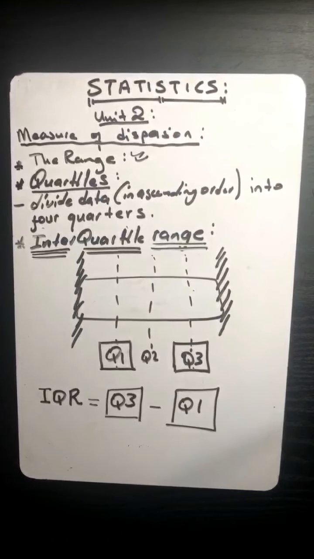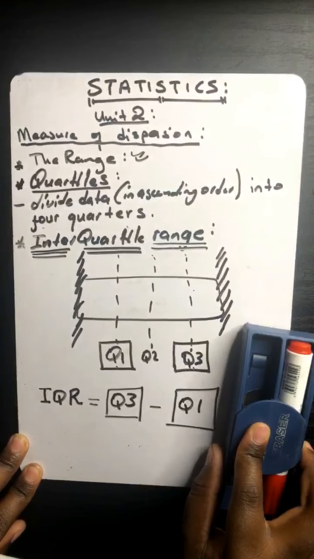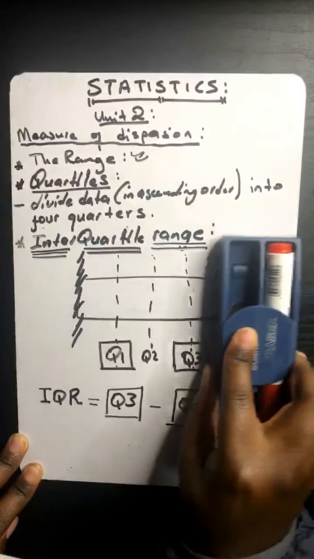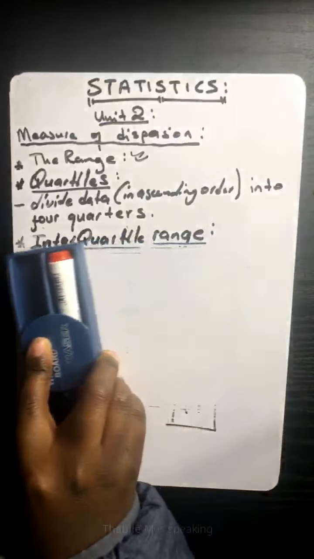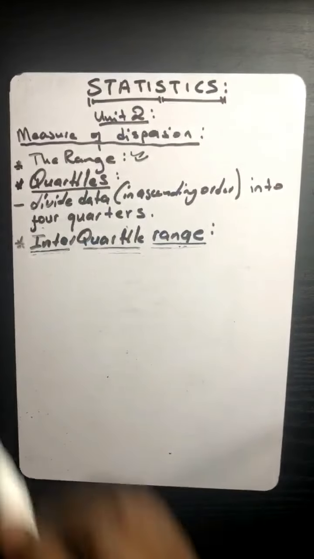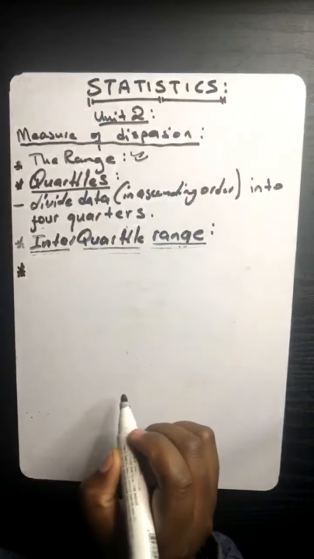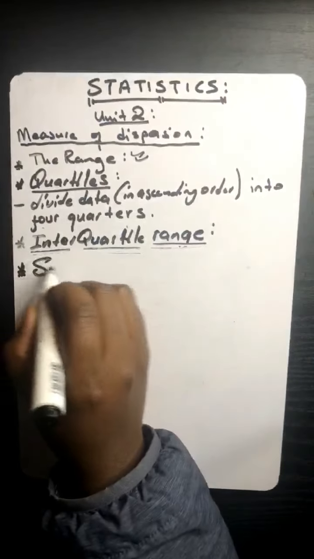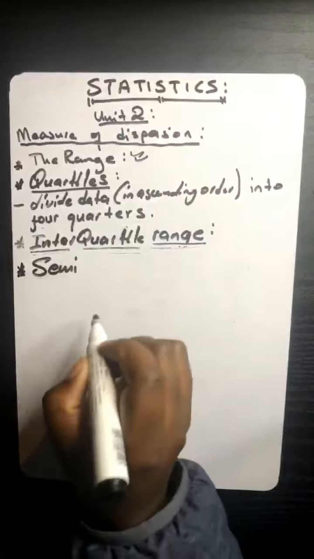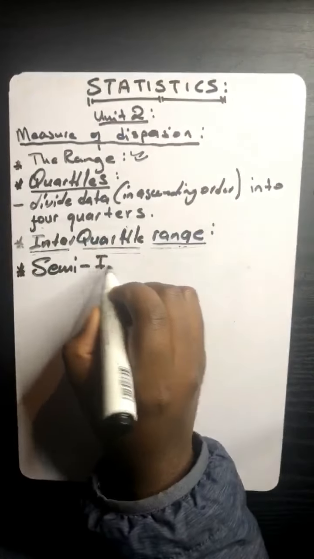Okay. In that case, let me remove all of this. In case I need that information, I'll rewrite it. Okay, so now I want to take you through what we call the semi-interquartile range.